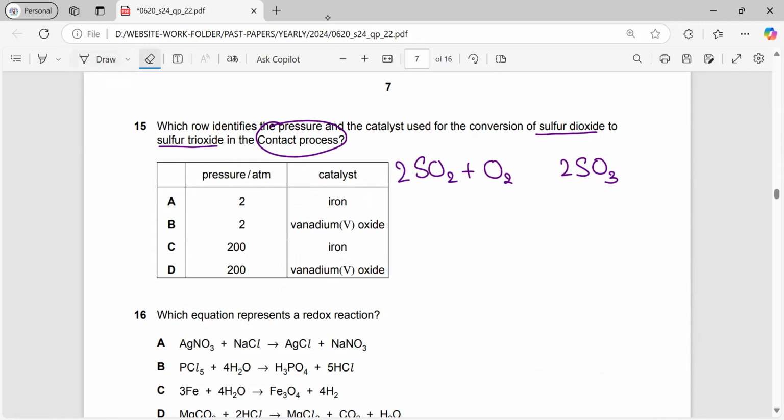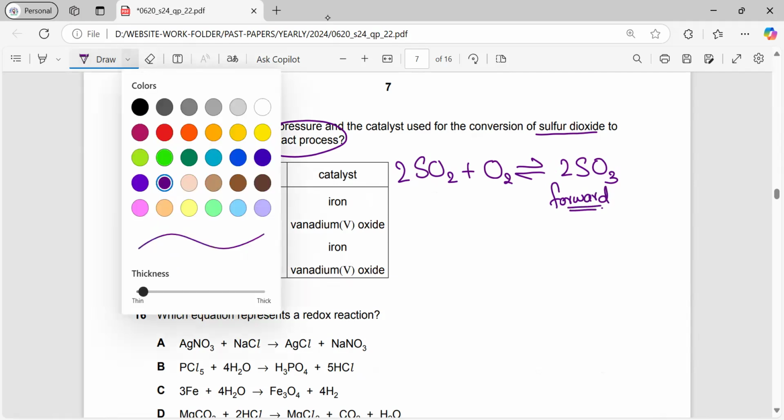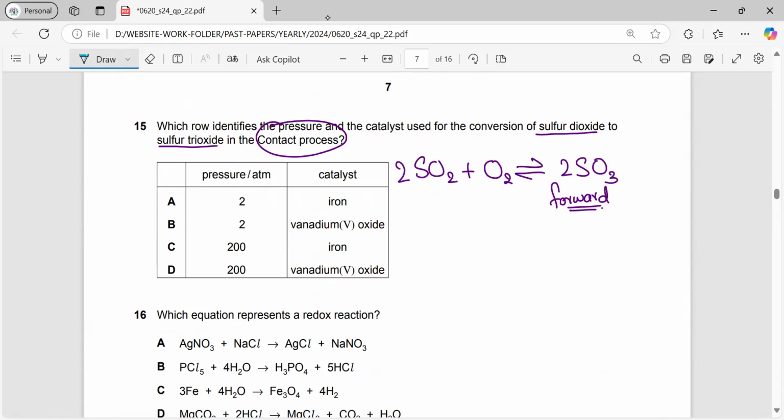And this reaction is a reversible reaction. To keep moving this reaction forward, we have to use certain conditions. The pressure will be 2 atm. We will use high pressure, 2 atm. And the catalyst used is vanadium oxide.